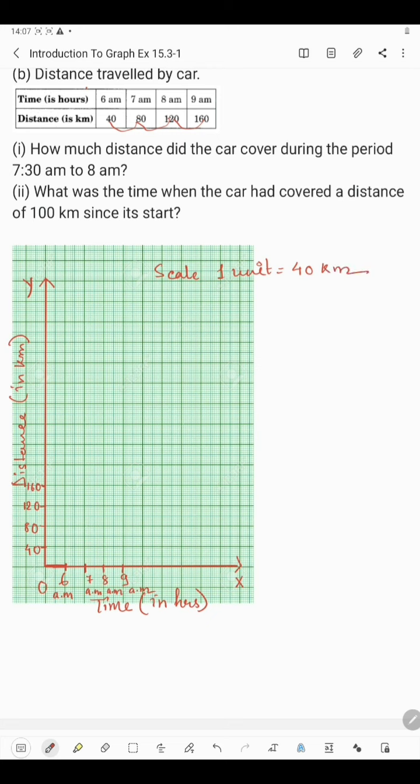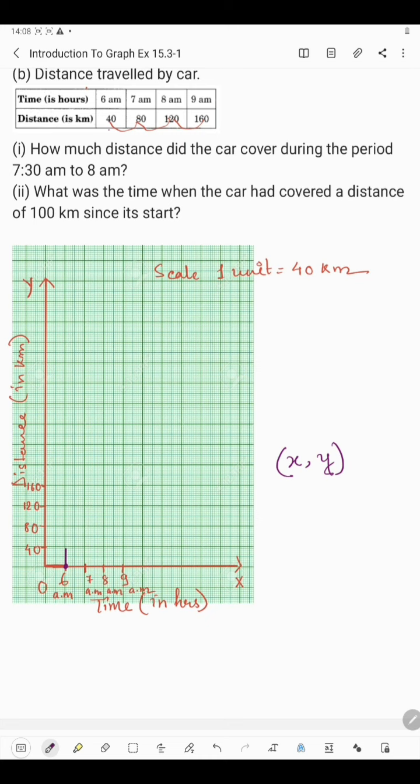Now we'll plot the points. Now at 6 am it travels 40 kilometer. As you all know, coordinates should be written in the form of x and y, in which the first value is the value of x and the second value is the value of y. So at first we need to check the x-axis. So 6 am, 6 is on the x-axis. Now from 6 we'll go up.